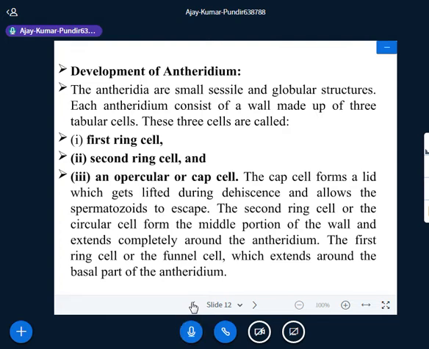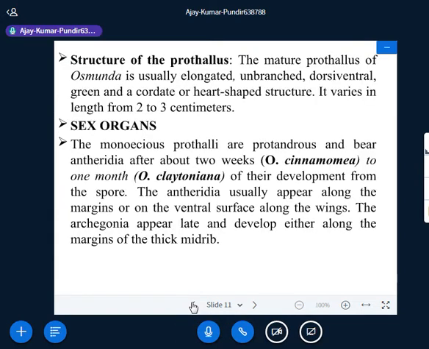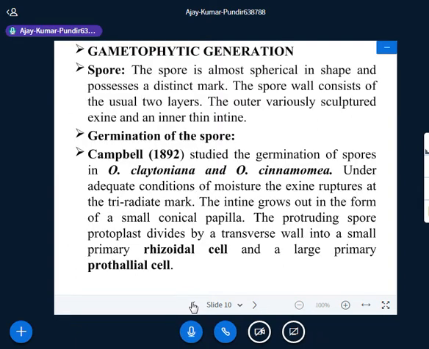What is the function of rhizoids? The presence of rhizoids is a primitive character, because in bryophytes, in place of roots, rhizoids are present, and the function of roots is performed by rhizoids in lower plants. So the presence of rhizoids in the prothallus indicates the lower character of the fern.